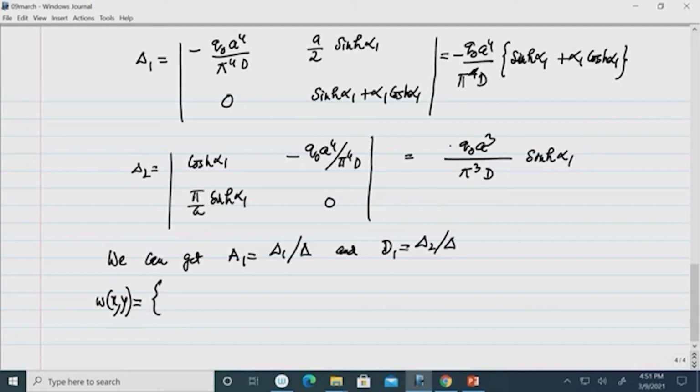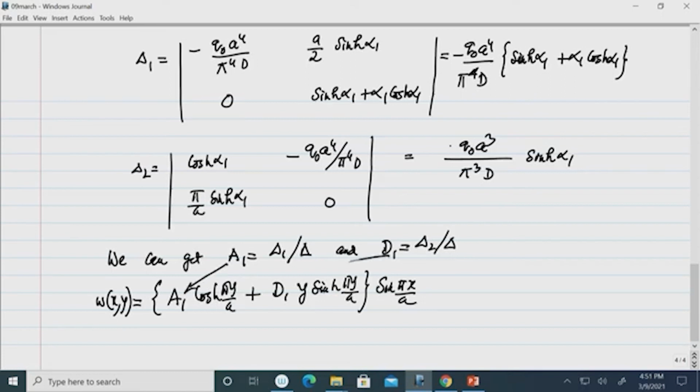So, we will write a1 cosh pi y by a plus d1 into y sinh pi y by a, multiplied by sin pi x by a. So, this is the deflection series; substitute a1 from here and d1 from here. So, the complete deflection is known. Maximum deflection will be at the center of the plate, when x is equal to a by 2 and y is equal to a by 2.